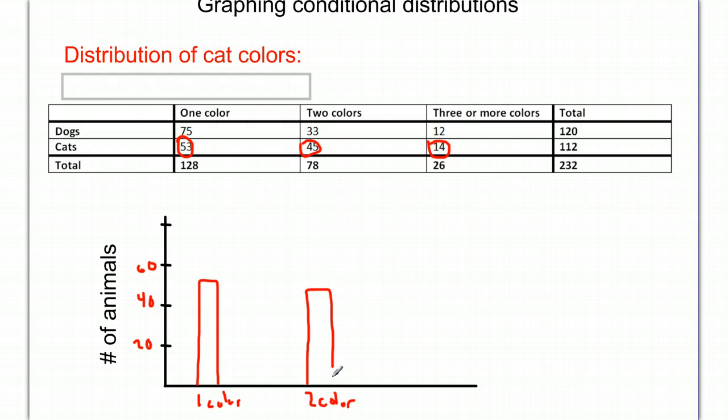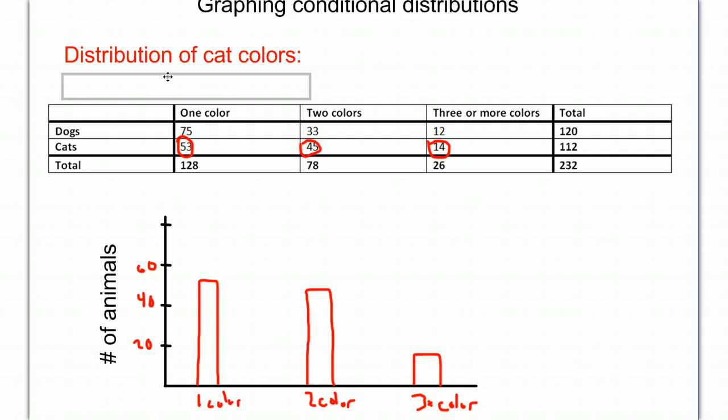And again, when we're making these, I'm not going to be super picky about them being perfect, but they should be clearly representative of the rough size so that you can see what the graph is basically about. So we'll have 3+ color over here. And this is distribution of cats.